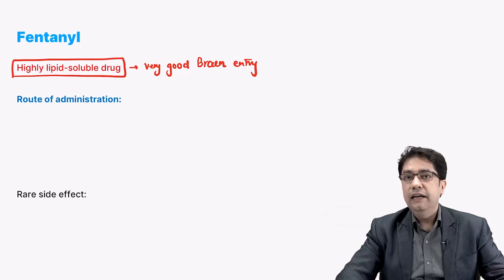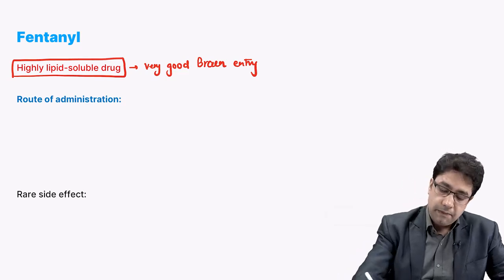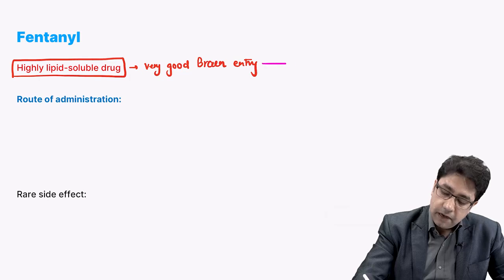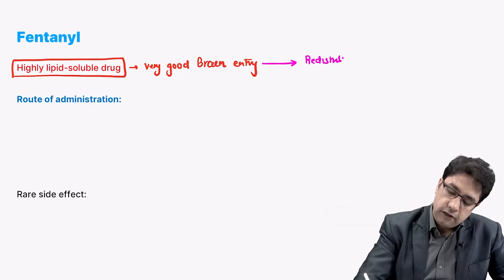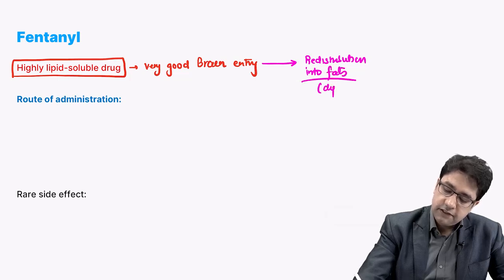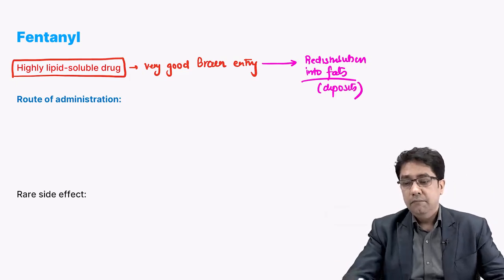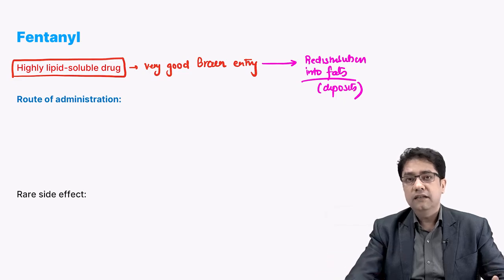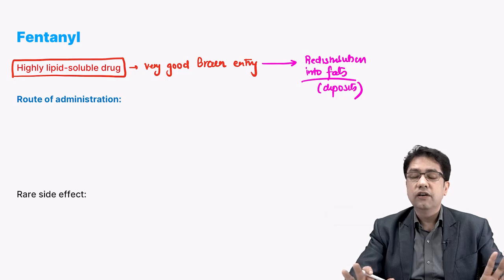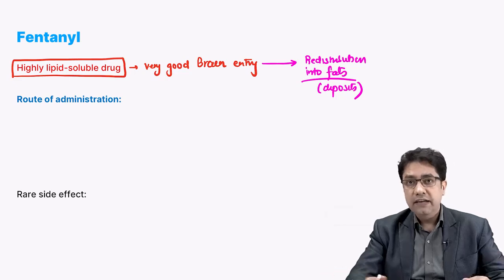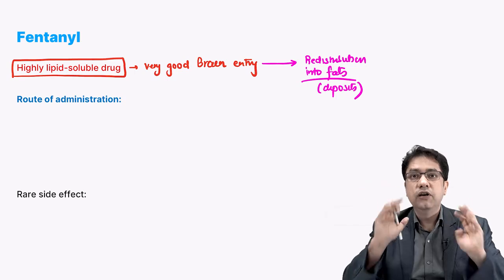But being a highly lipid soluble drug, remember, fentanyl after coming out from brain, it shows redistribution into fats. It becomes deposited in fats. So even after stopping fentanyl, because fentanyl is still in fats, the action of fentanyl does not get over very soon. From fats, it will come back into the blood and stimulates brain.